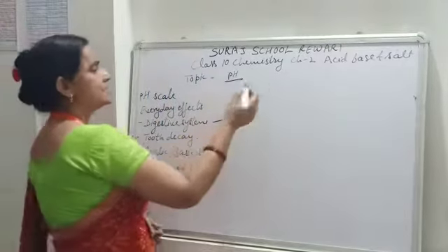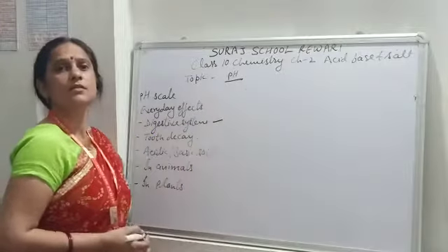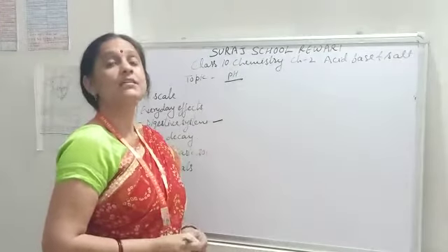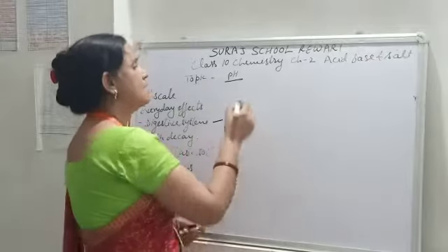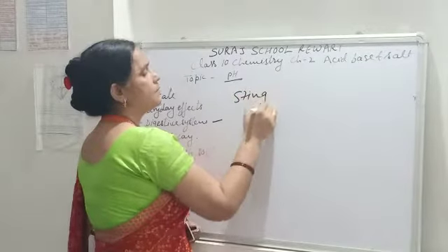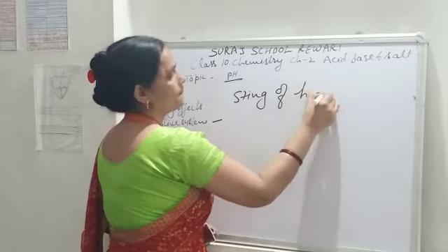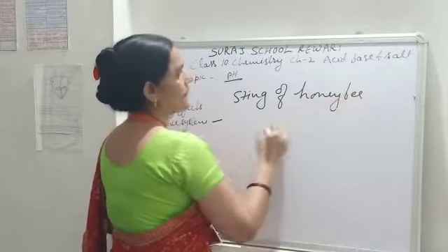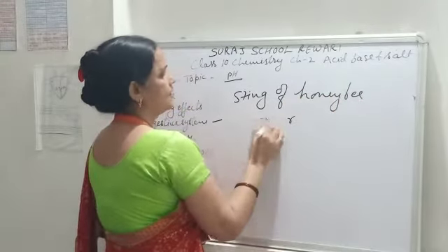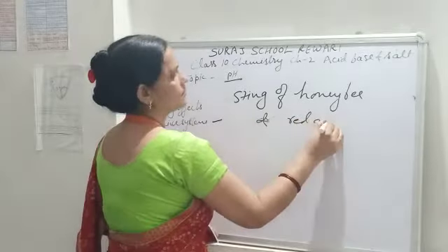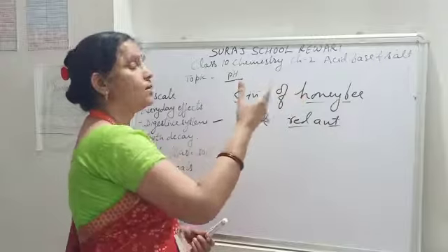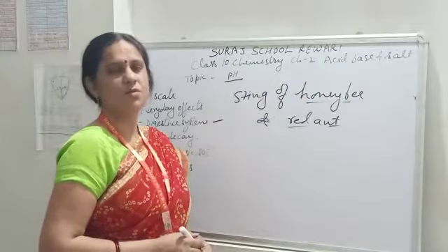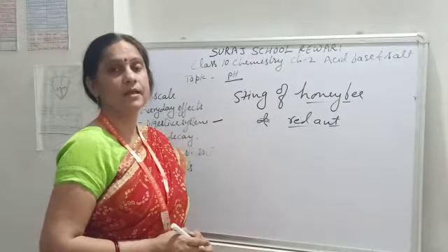The next one is, the surprising thing is that acids are also present in some animals, like the sting of a honeybee or red ant. We know that whenever a honeybee or a red ant bites us, we feel swelling, we feel pain.